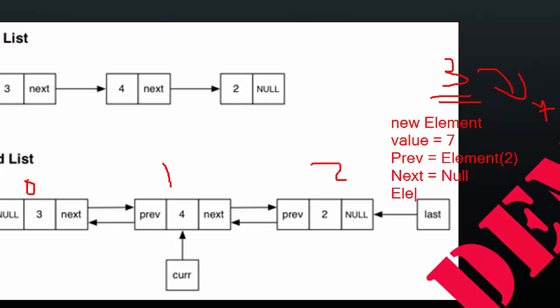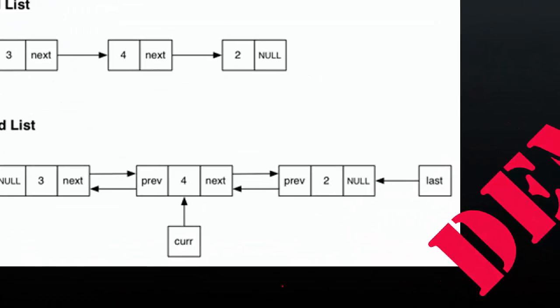So then element 2 dot next is going to be element 3. And this is everything that we have to do. Which in terms of the picture means, let me zoom in again.